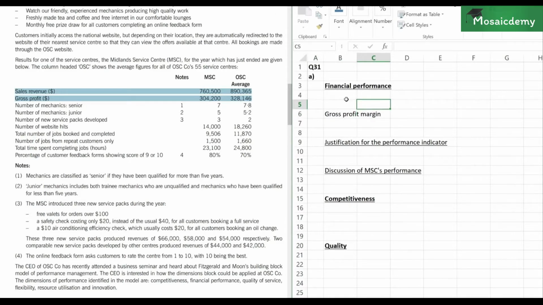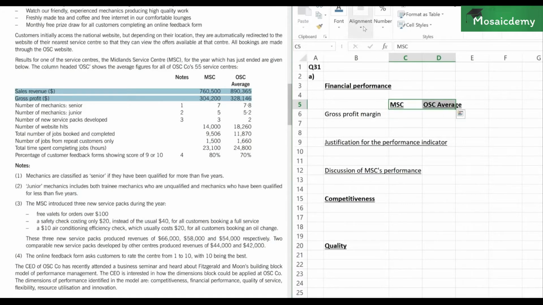Right, we're doing this in a spreadsheet so that it's easier for you guys to follow the calculations. So we'll have MSC's performance and we'll have the OSC average, right? And again, these are headings, so we'll just format them a bit so that it's more presentable.